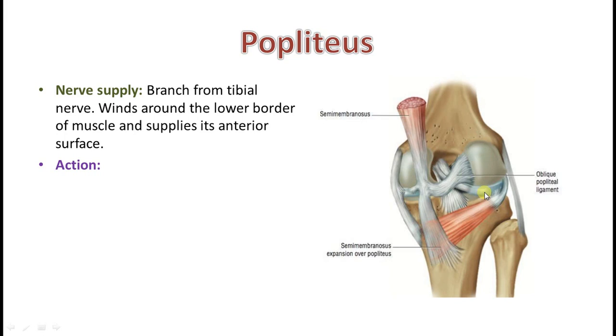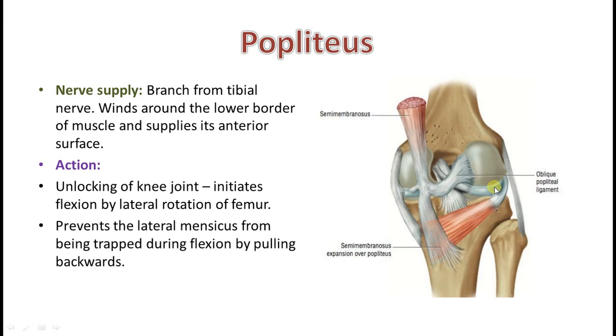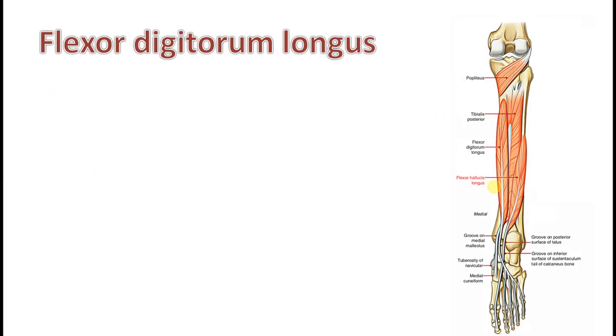It pulls the lateral meniscus backwards, and for this only it also gets inserted as the articularis muscle into the lateral meniscus. Okay, so it initiates flexion by lateral rotation of the femur and prevents the lateral meniscus from being trapped during flexion by pulling it backwards.